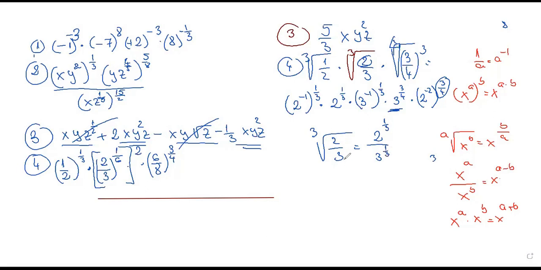We move the power to the numerator and denominator, but this is minus. So it's 2 to the power of 1 over 3 times 3 to the power of minus 1 over 3. Okay, good? It makes more sense now.